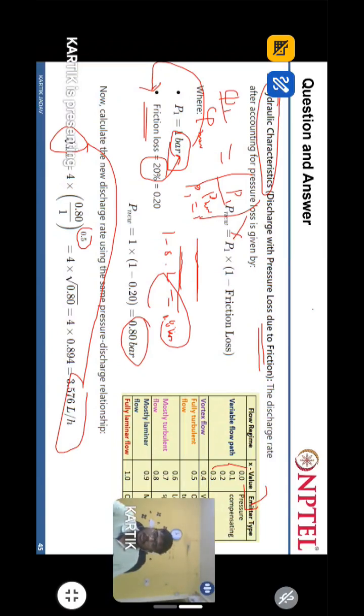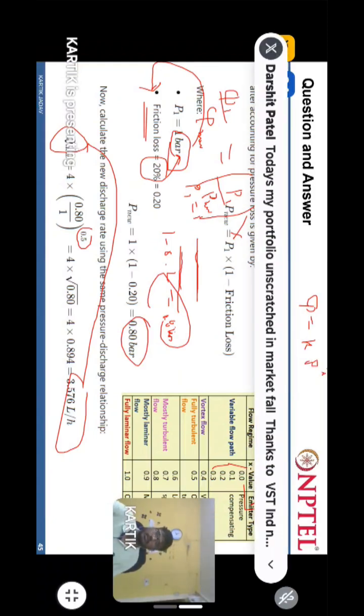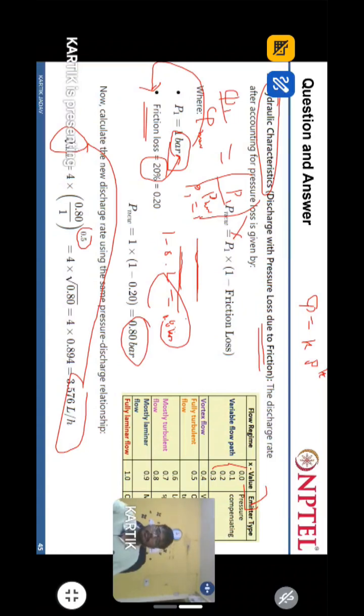If you see this relationship, Q is equal to K P raised to X, and if our X is low, suppose 0, then this component is totally 0. It means discharge is not related to the pressure, or it is minimally controlled by pressure variation.